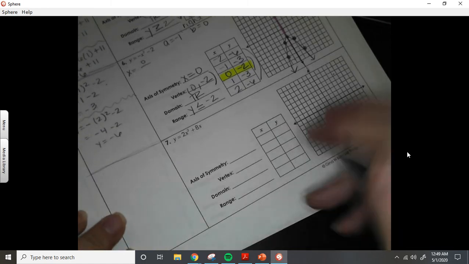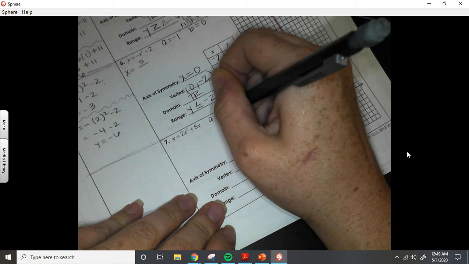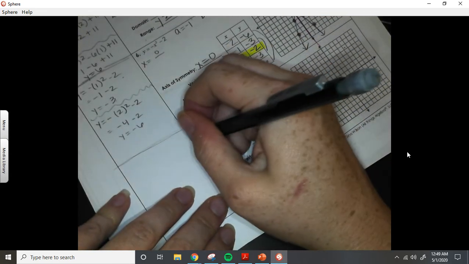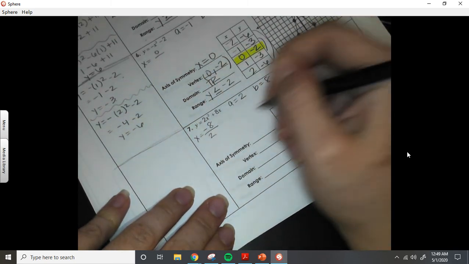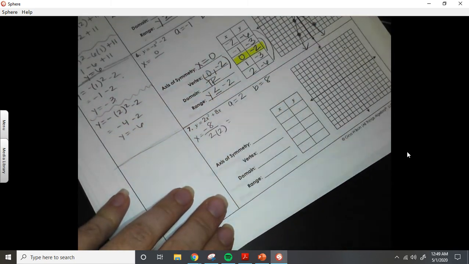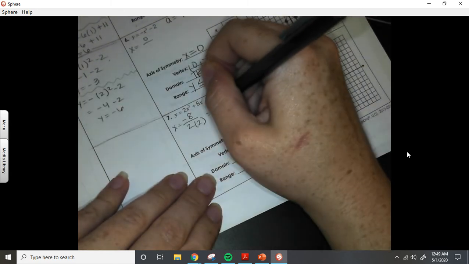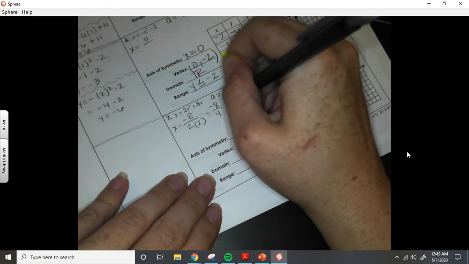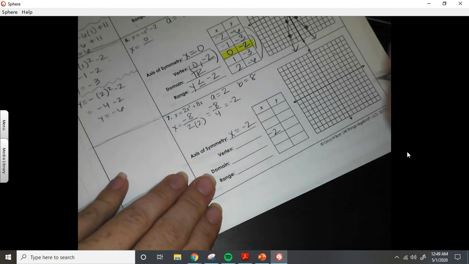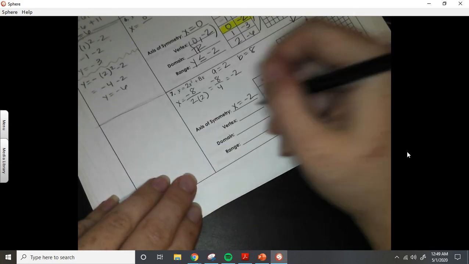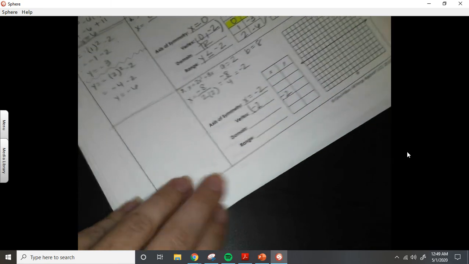Go away. So A is equal to 2, B is equal to 8, again, because this has an x. So our x is -b over 2 times 2, which is -8 over 4, which is -2. Our axis of symmetry is x equals -2. And then our vertex x value is -2.